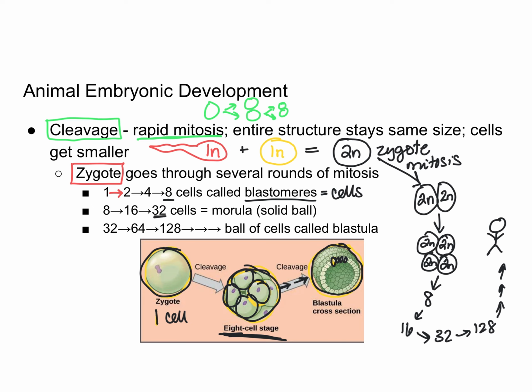Once again, these cells are not yet differentiated. Then mitosis keeps occurring over and over again until we end up with this ball of cells called a blastula, which we can see right here. And in some animals, it is hollow, which we can see here. So in humans, it's hollow, but it's not hollow in all animals.